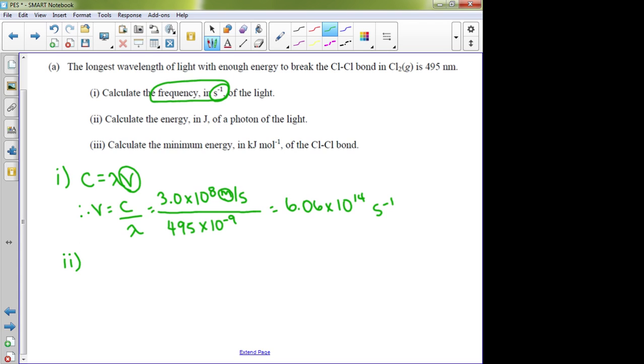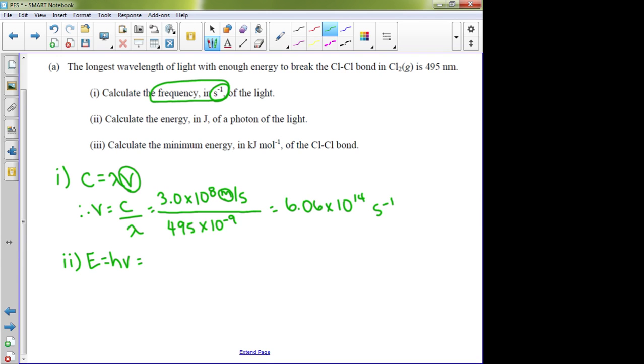All right, the second thing says calculate the energy in joules of a photon of the light. What equation am I using for this? E equals h times nu, where h is, what do we call h?